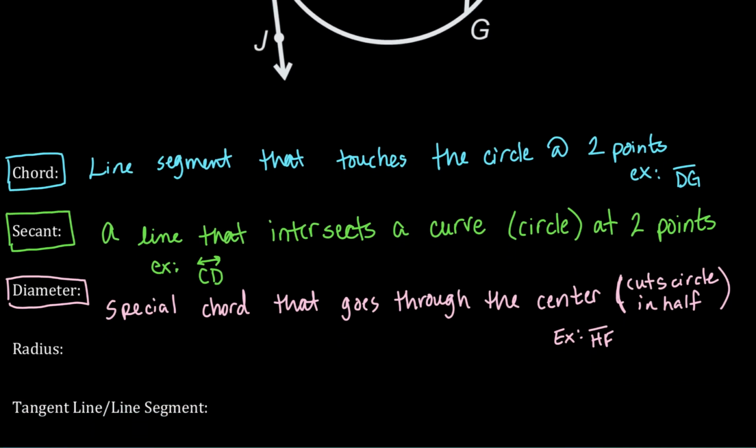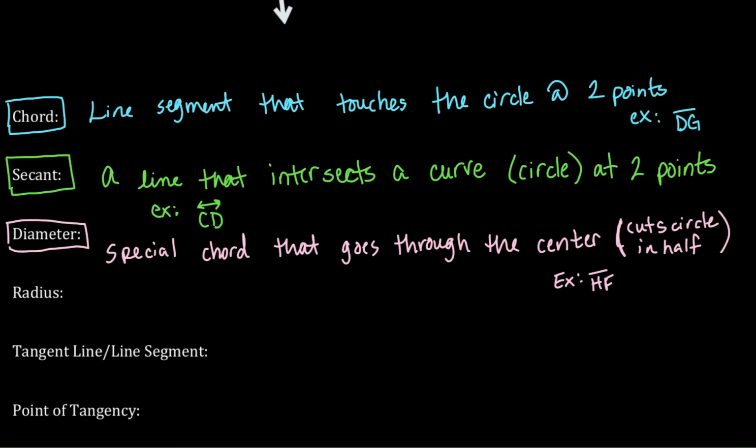Radius would be, let's see, yellow. A radius is going to be the distance. Well, we'll say line segment.